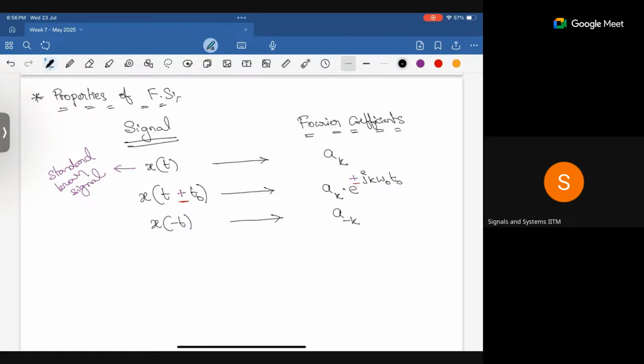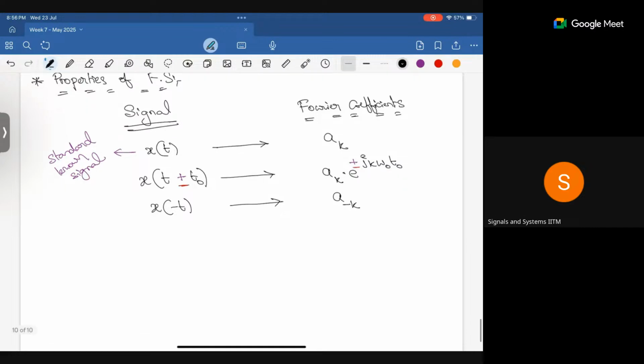Again, this you can prove easily using the synthesis equation, the first equation. x of t is equal to the summation we have, right? In place of t, you replace minus t, and all your coefficients will get interchanged. Your k will become minus k. Okay, so this is with respect to reversal. And the next is scaling.